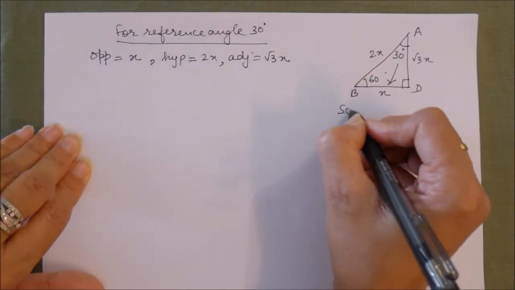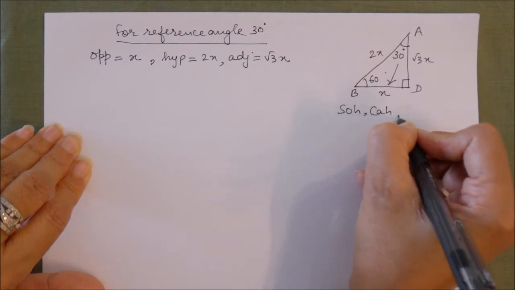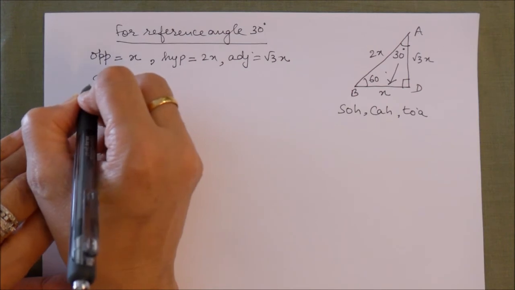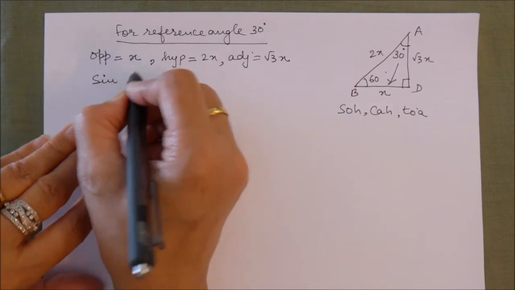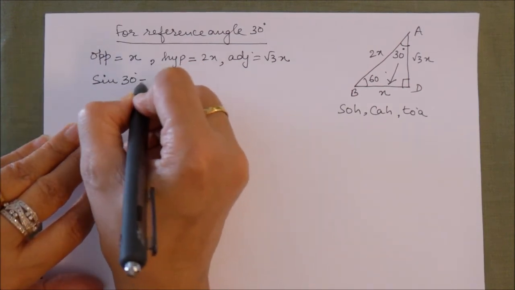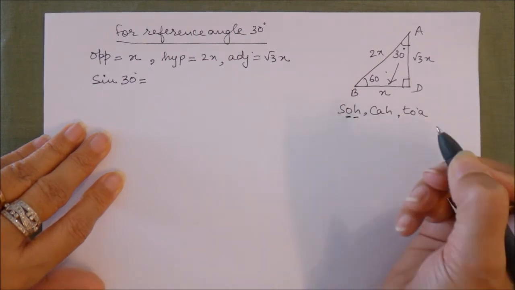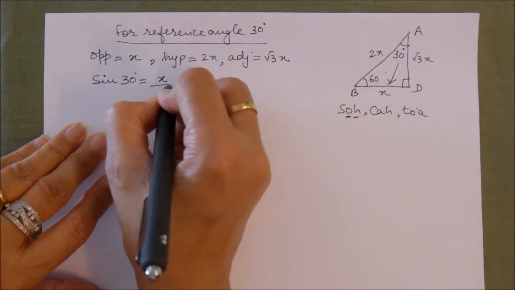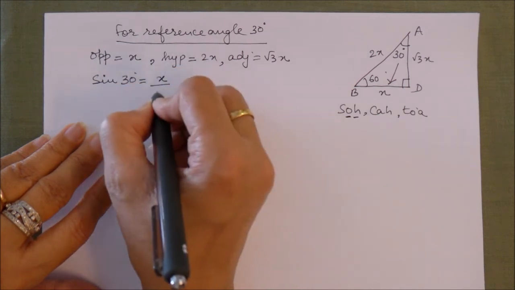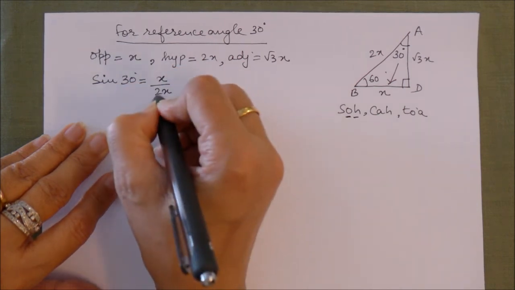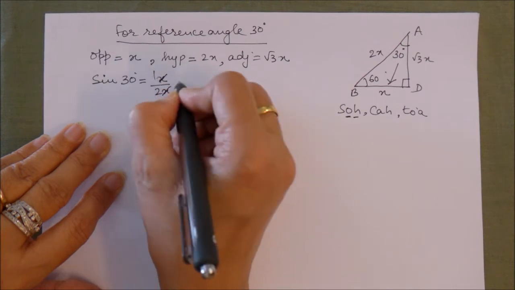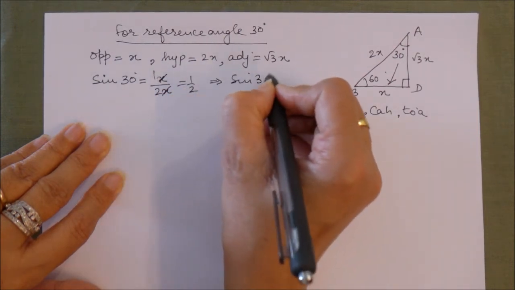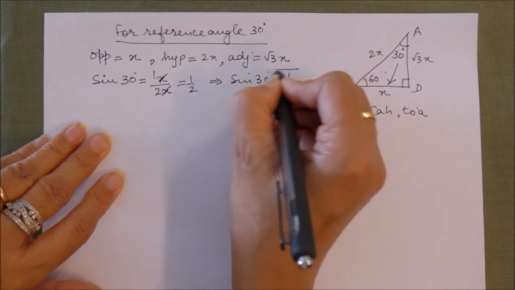Now using SOHCAHTOA, we write sine 30 degree is equal to opposite upon hypotenuse. So opposite is x upon hypotenuse is 2x. So x gets cancelled, so it is 1 over 2. So first is sine 30 degree is 1/2.